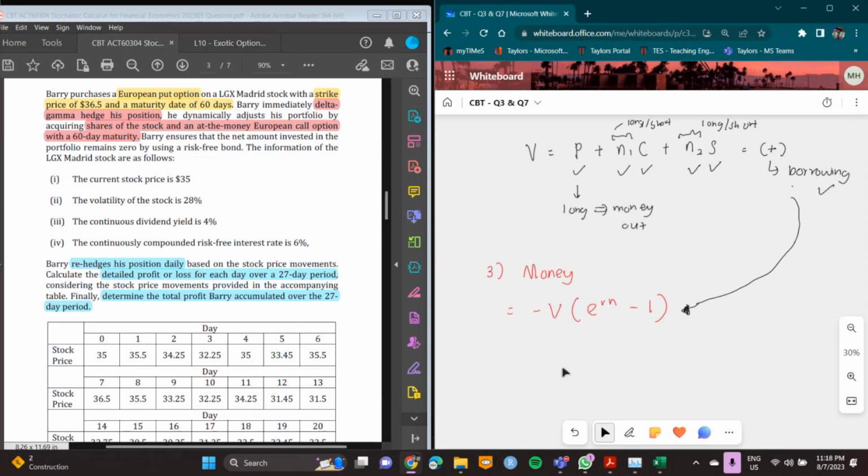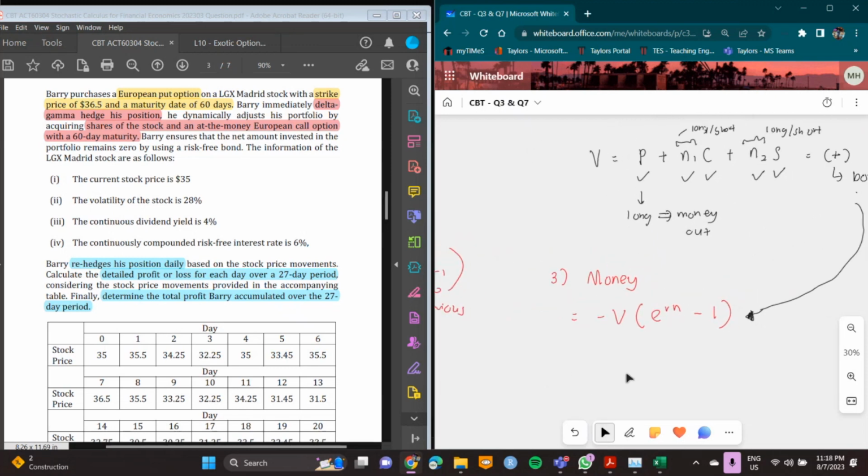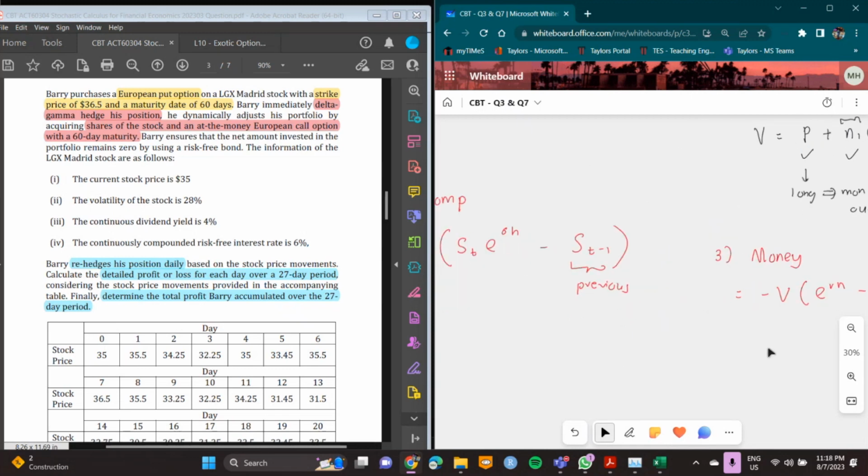So all these three components are findable if we are able to get the P value, N1 value, C value, N2 value, and S value for each day.